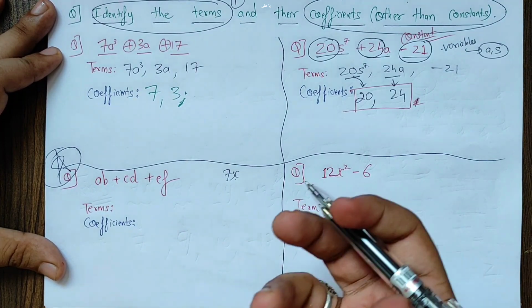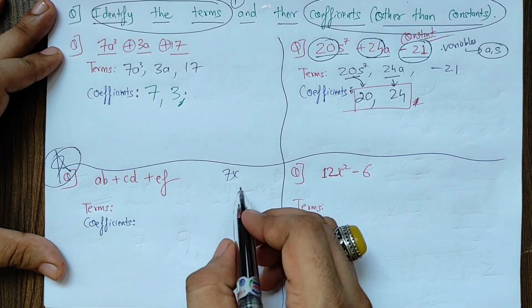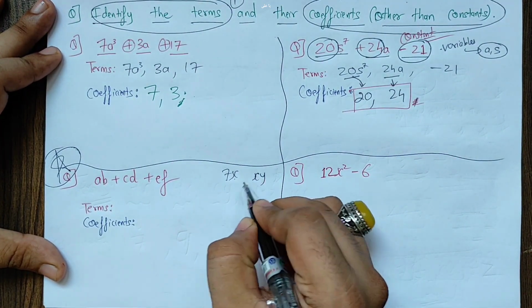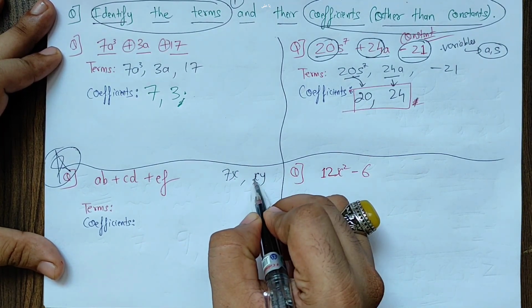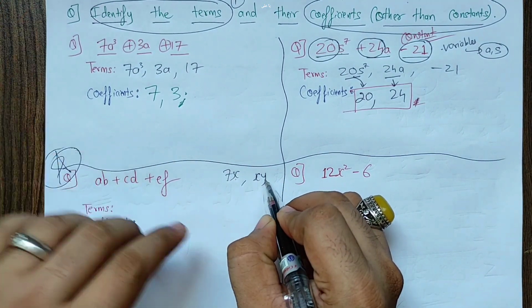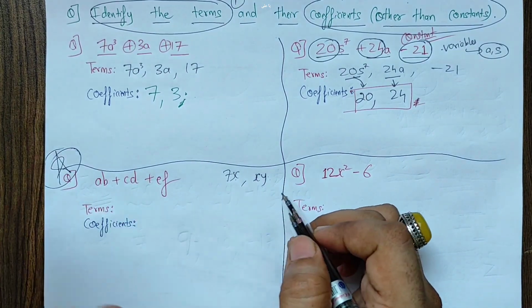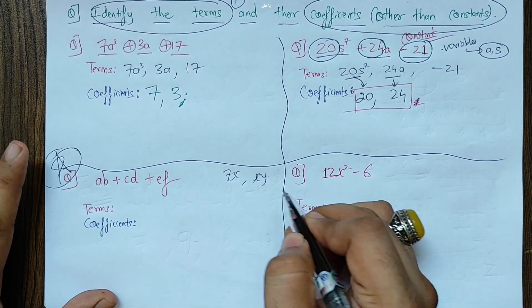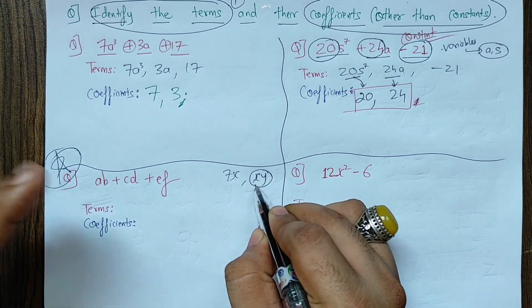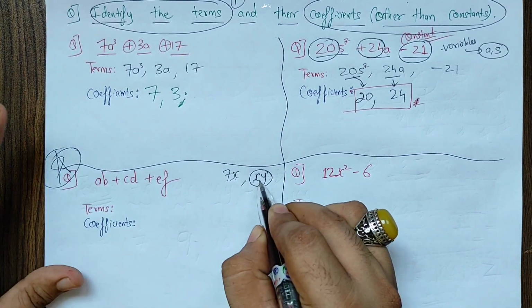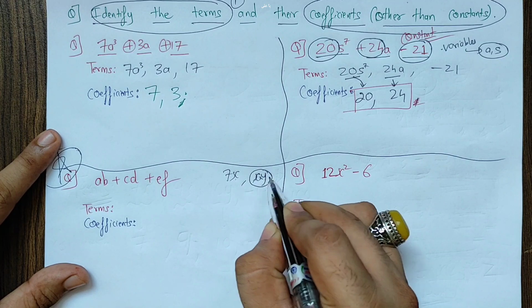Coefficient is a number that goes along with the variable. But if I say xy, x is also variable, y is also variable. So I cannot say that x is coefficient for y or y is coefficient for x. No, I cannot say. So in this term xy, there will be no coefficient. And this will be one term because it's x multiplied by y.